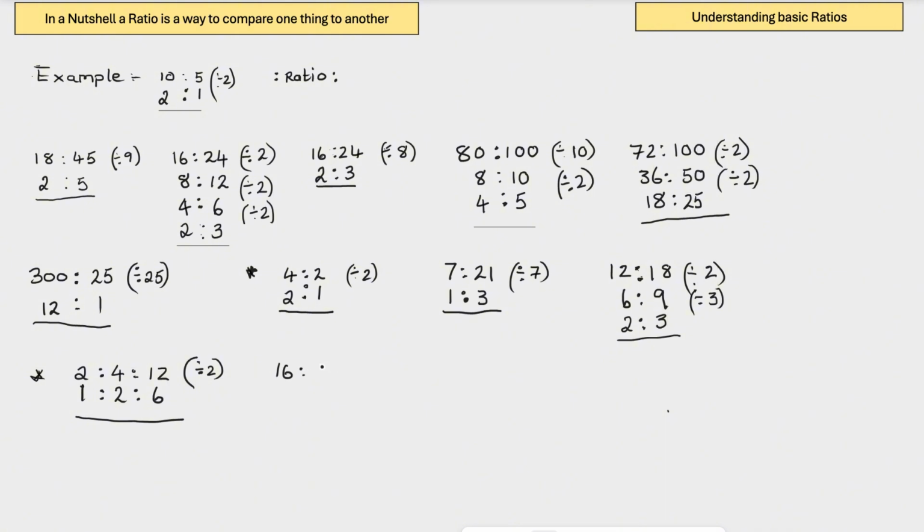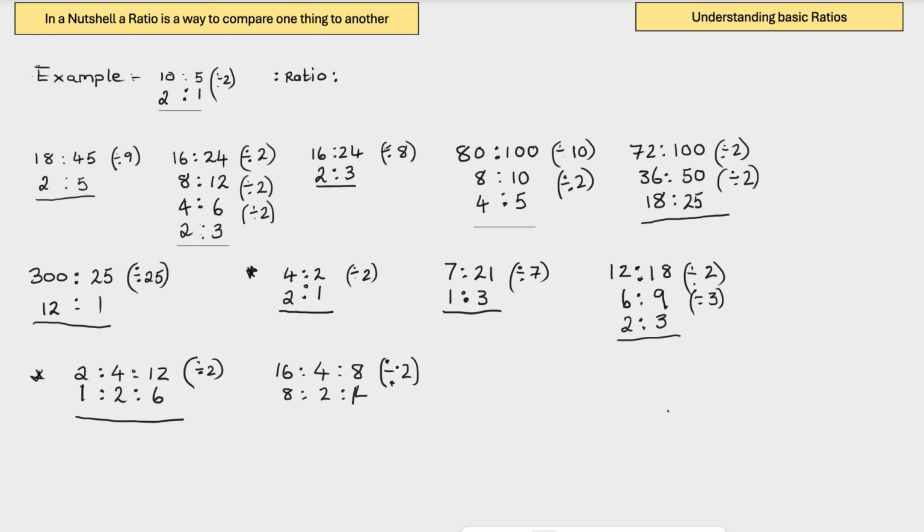16 to the ratio of 4 to the ratio of 8, what would you guys do? I'm going to do 2 again. So what would you have done? 2's into 16 go 8, 2's into 4 go 2, 2's into 8 go 4.